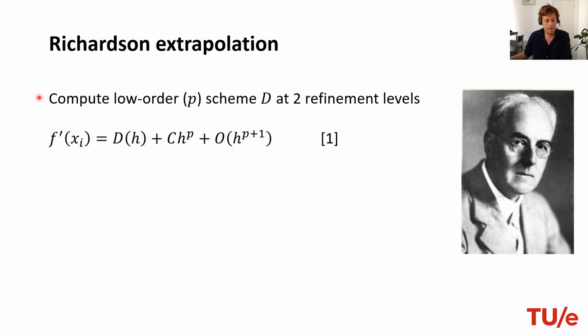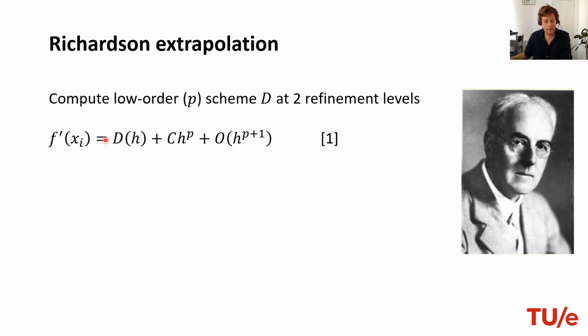You can then write out your approximation of the derivative as follows: we have the finite difference approximation, the leading term of the truncation error, and then other terms of order h to the power p plus 1.